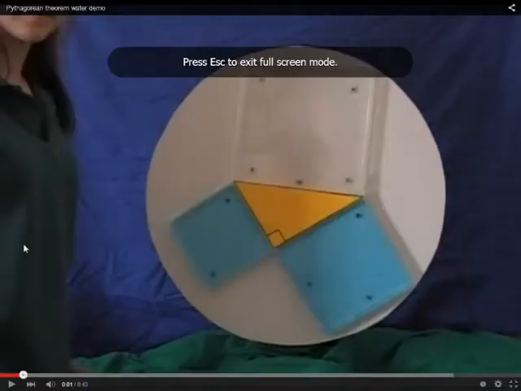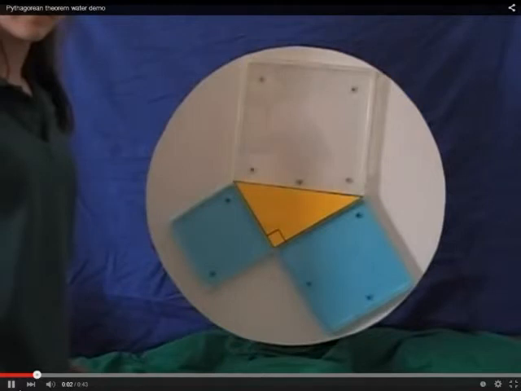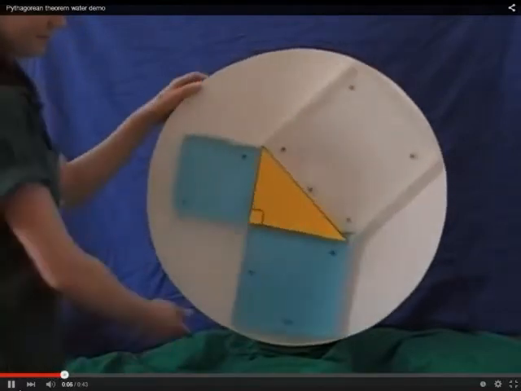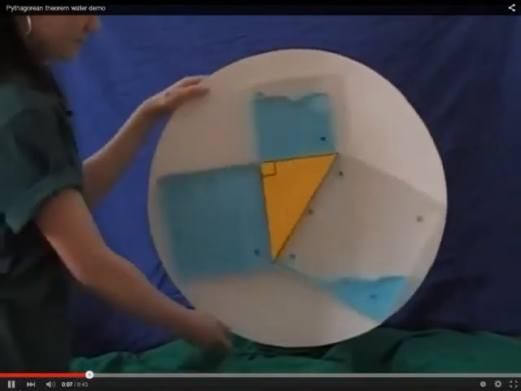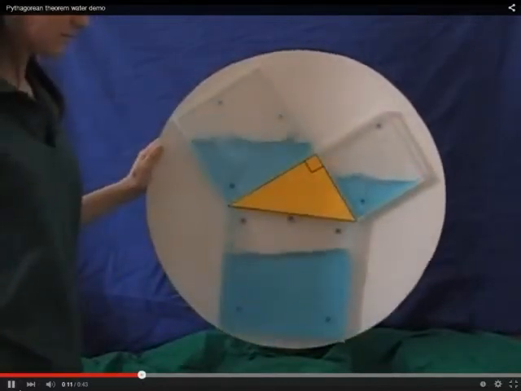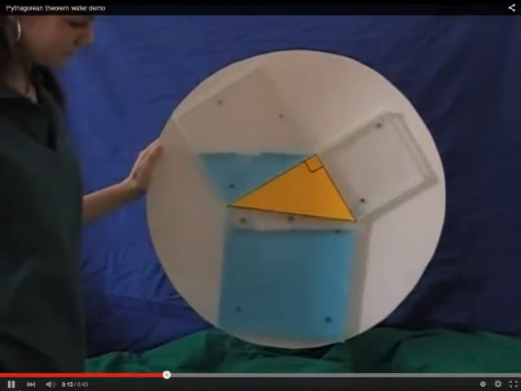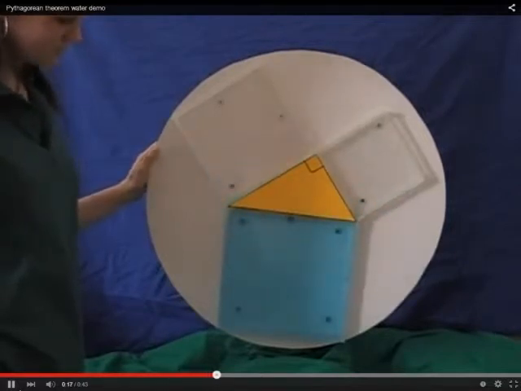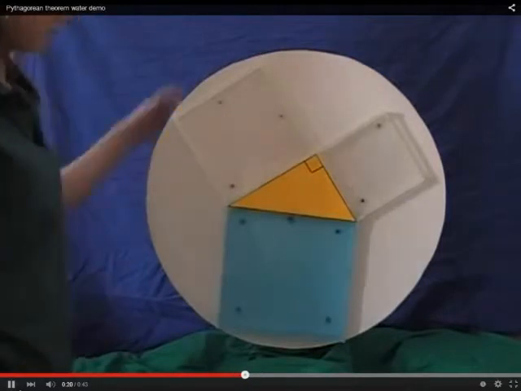So this group of students, I think as a project, said, how do you represent Pythagoras' theorem? So they came up with this very visual representation using water. So the two smaller sides as area, when you add them together, create the same area as the hypotenuse. And vice versa.